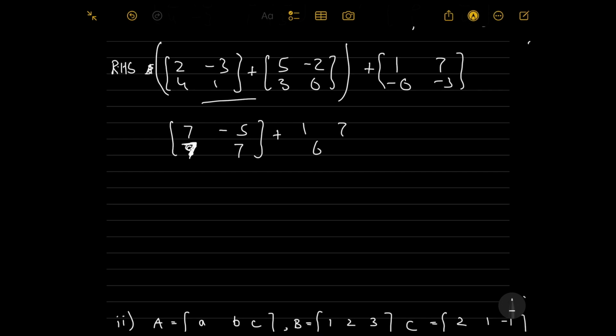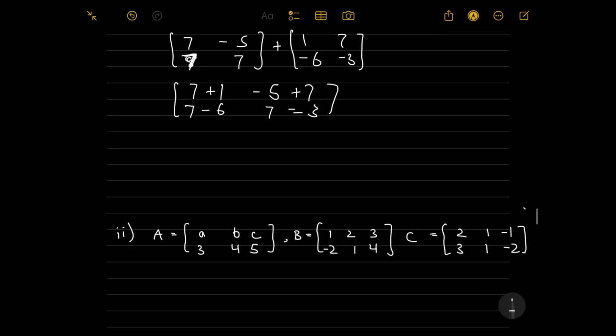Plus 1 7 minus 6 minus 3. Adding these both, so 7 plus 1, minus 5 plus 7, 7 minus 6, and 7 minus 3.